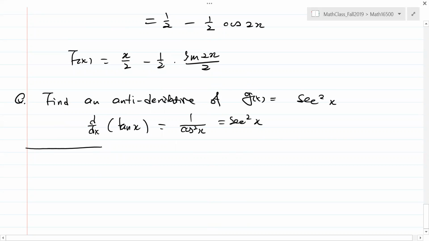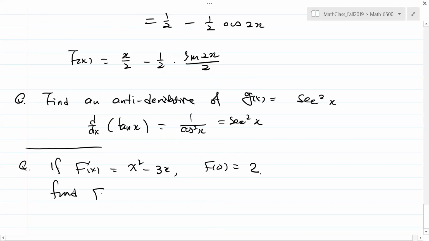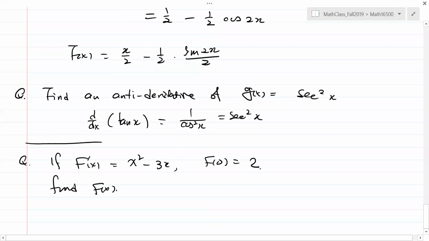Next, we are going to find a very specific antiderivative, not just one antiderivative. For example, if capital F prime of x is x squared minus 3x, but I know capital F of 0 is 2, find capital F of x.